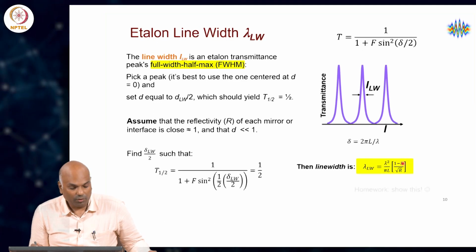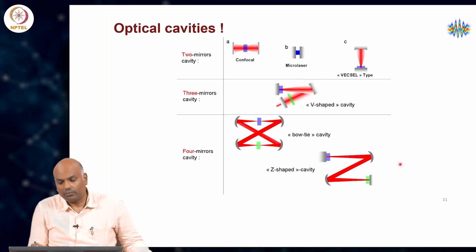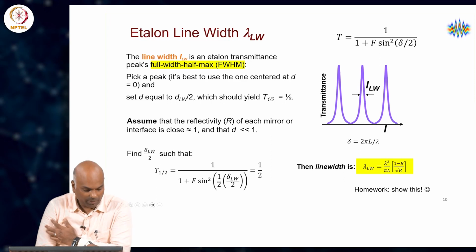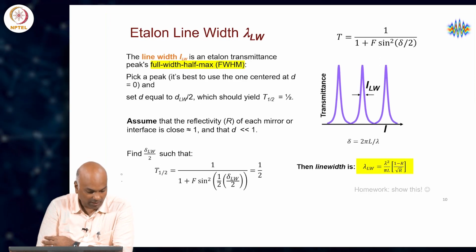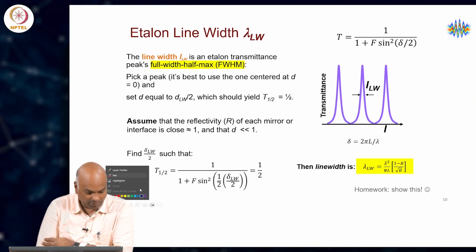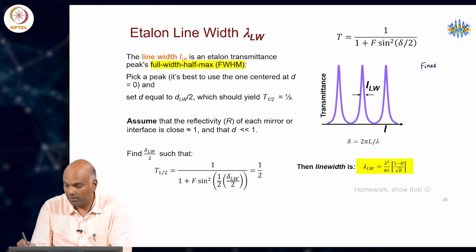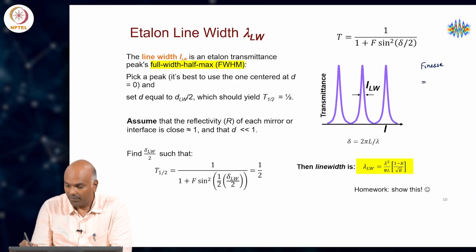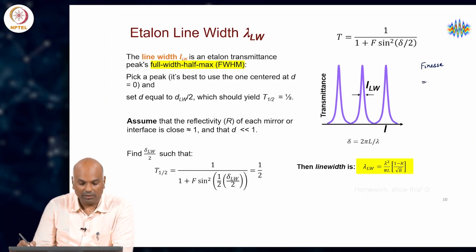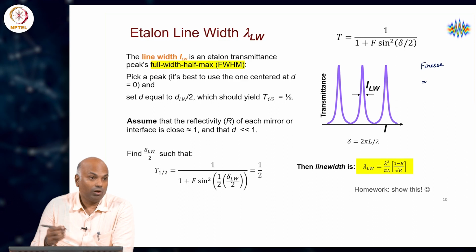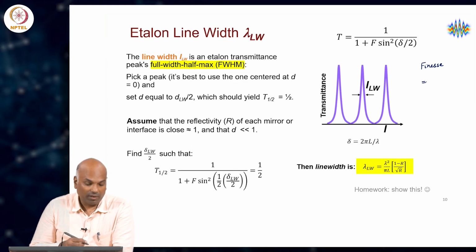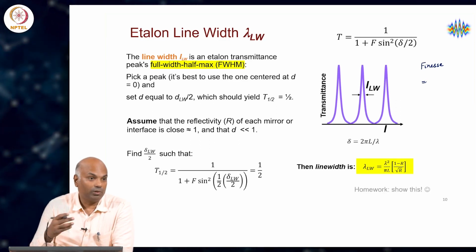Okay. So, this is the next important thing, and maybe I should add here by hand that from here we went into defining a quantity called the finesse. The finesse essentially is, we synonymously use line width and FWHM, full width at half max of a particular line.